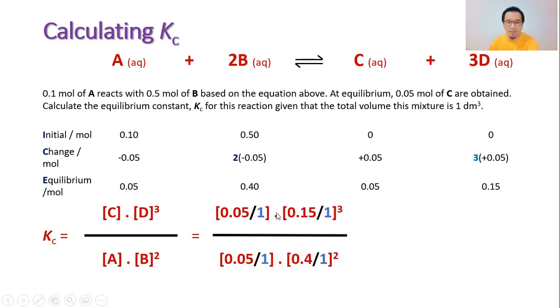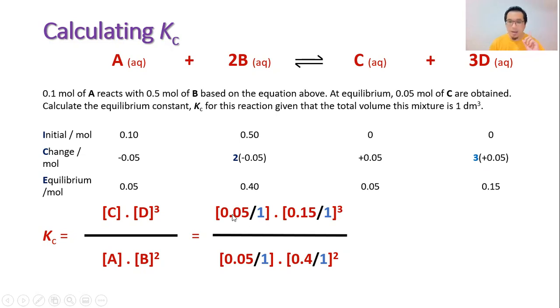Based on the moles we obtained, we need to put the number of moles and the volume together to work out the concentration. Remember, concentration is moles over volume. Since the moles are found on the I.C.E table, all we have to do is divide by the volume given to us in the question, which is 1 decimeter cube. So just use that value to represent the volume in the calculation of the concentration.